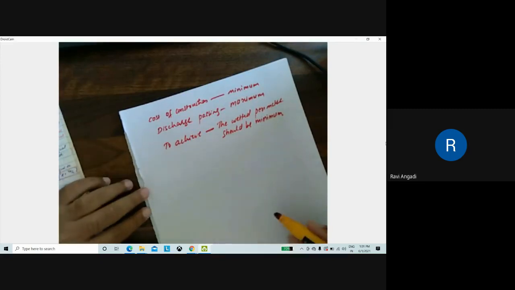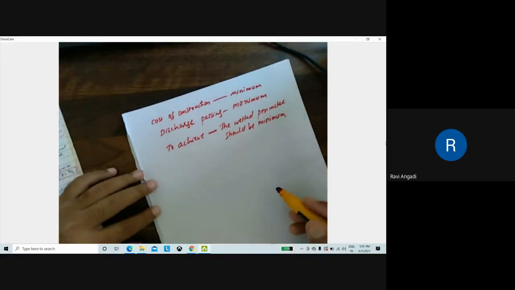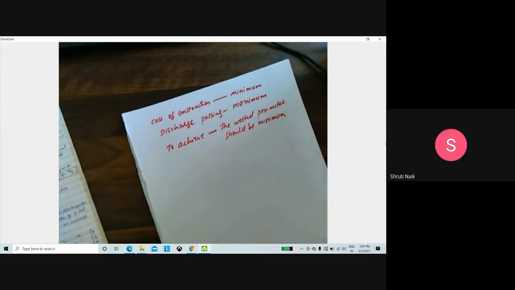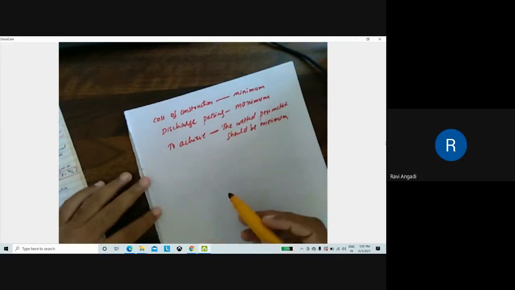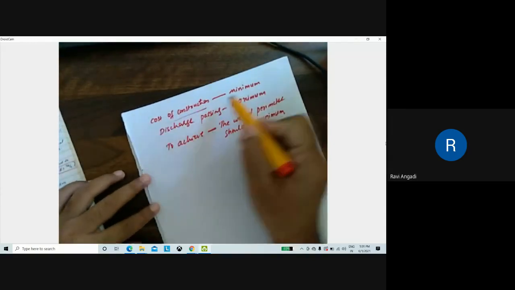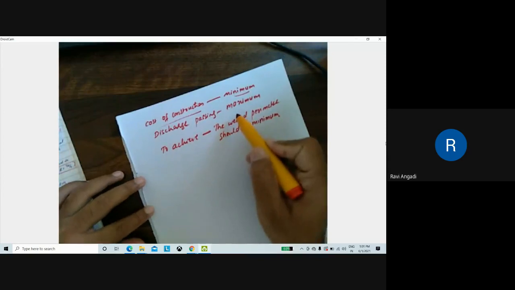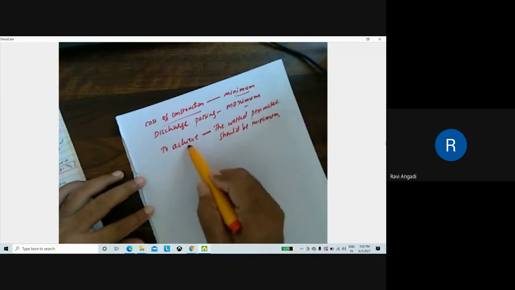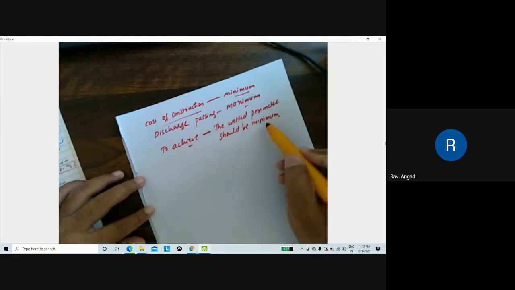You all can see this one. Yes, sir. So this is the most economical channel section I'm telling. The cost of construction should be minimum. The discharge passing should be maximum. To achieve this one, the wetted perimeter should be minimum.